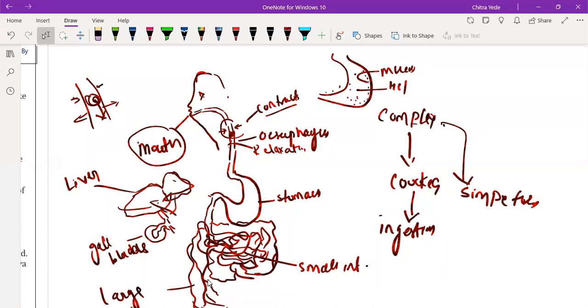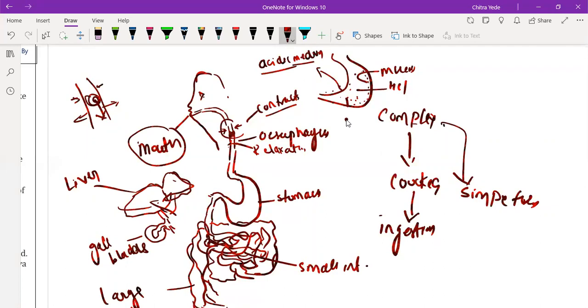Due to the secretion of HCl, an acidic medium is created. So we can say the stomach contains an acidic medium.